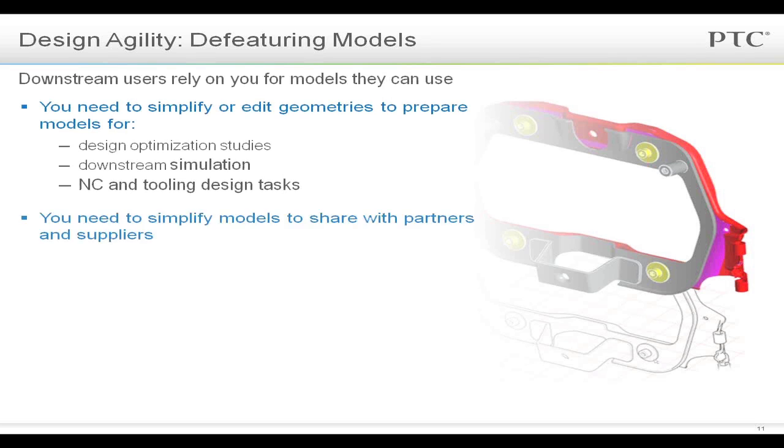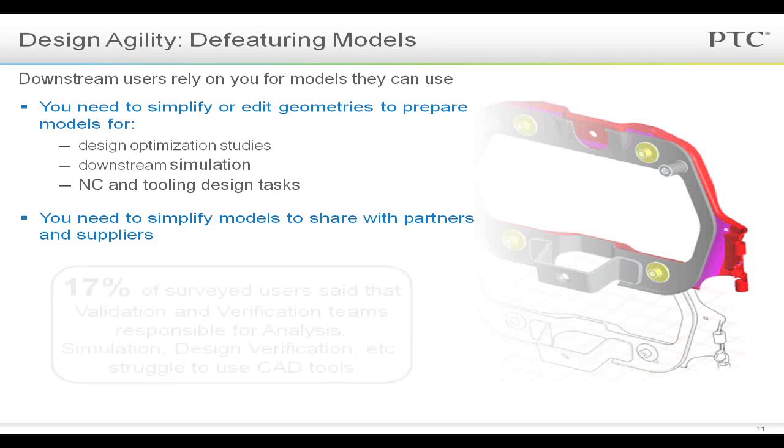So often I'll want to take a model and maybe simplify it just by getting rid of geometry for either design optimization so that it runs more quickly, or for simulation tasks where there are bits of the geometry that I'm not interested in, or indeed for NC tasks where I'm either happy that content isn't going to be modified or worked with. But I do need to simplify this information to share it certainly with partners, but also people within my business as well.